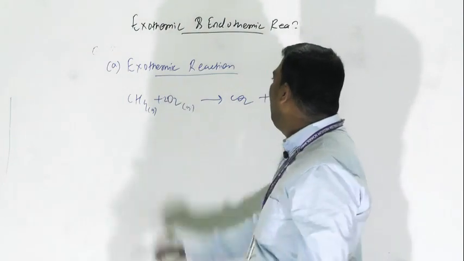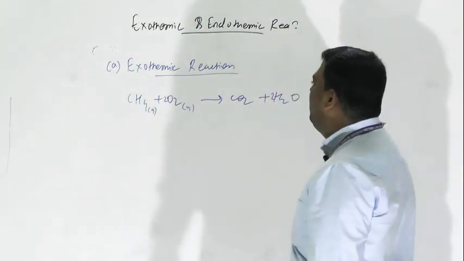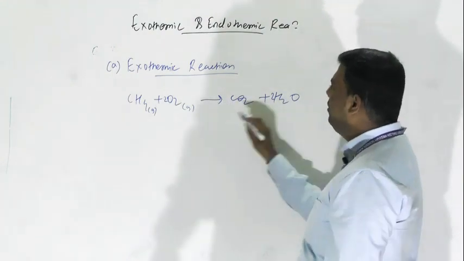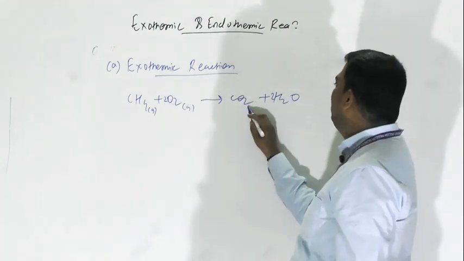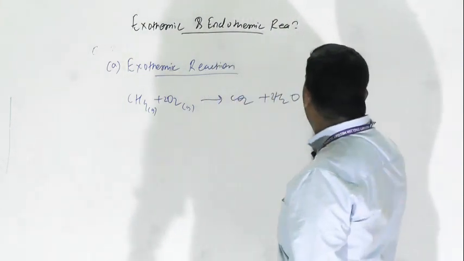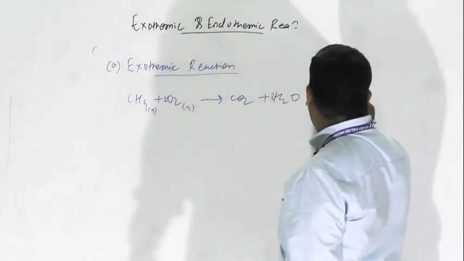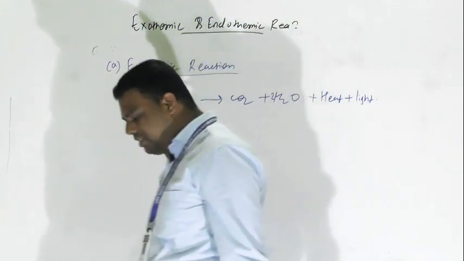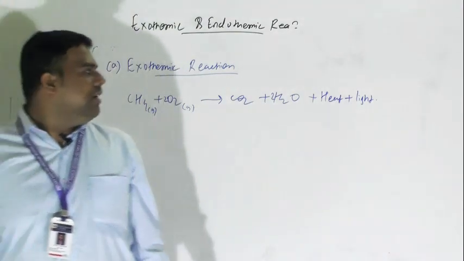See whether our reaction is balanced or not. 1 carbon, 4 hydrogen, and here also 4 hydrogen. Here 4 oxygen, these 2 and these 2. Plus heat and light. So this is your exothermic reaction.